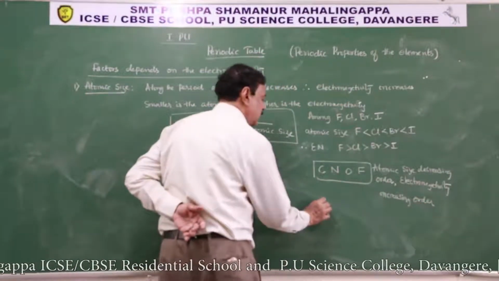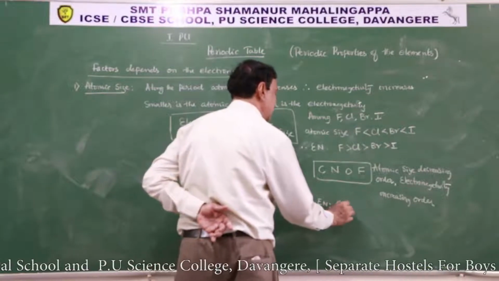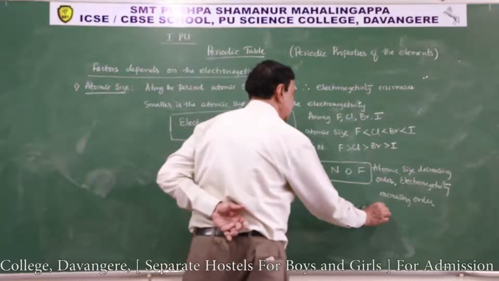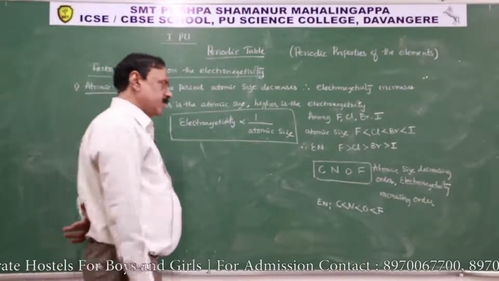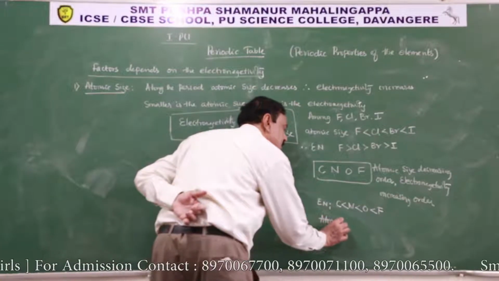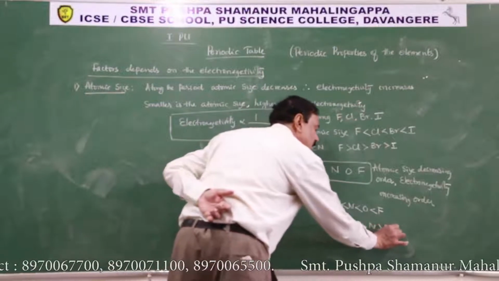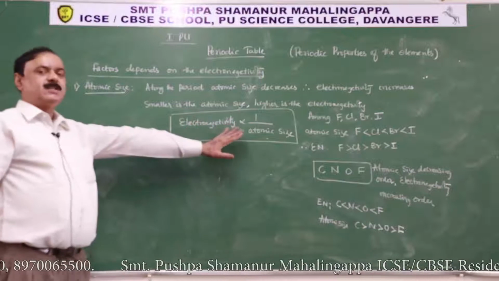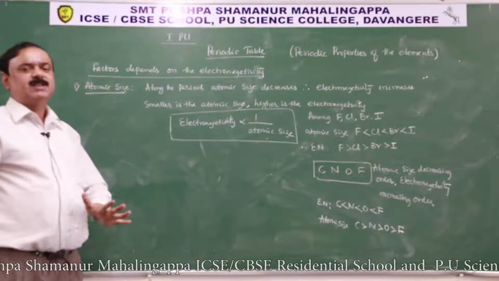Therefore, electronegativity of carbon is smaller than that of nitrogen, smaller than that of oxygen, smaller than that of fluorine. Electronegativity is in increasing order because atomic size is C greater than N greater than O greater than F. Therefore, atomic size and electronegativity are reciprocal to each other.